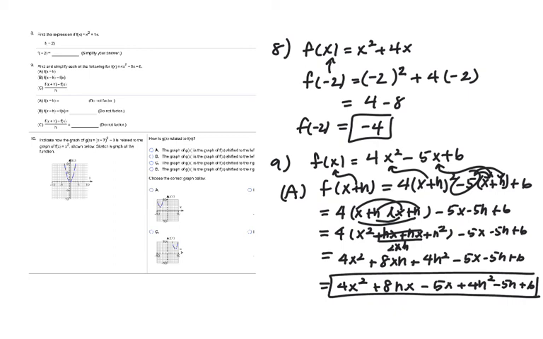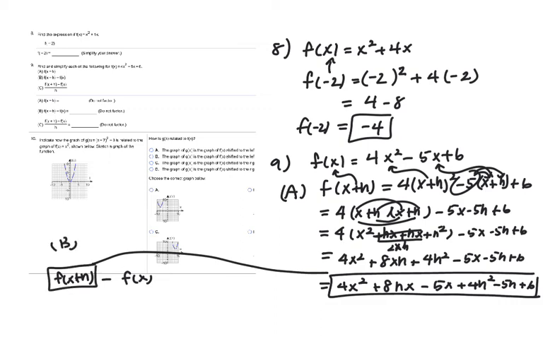Okay. Part B. Part B wants us to find the difference of f of x plus h minus f of x. So in this case here, we already have f of x plus h. Okay. And then we're subtracting f of x. So I'm just going to rewrite what's boxed in over here to the right.